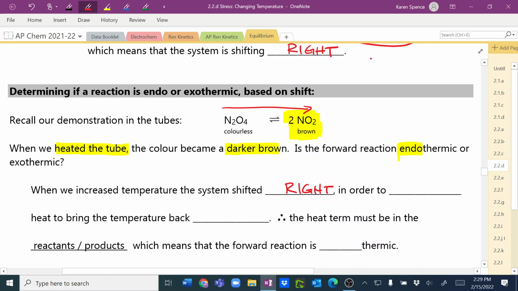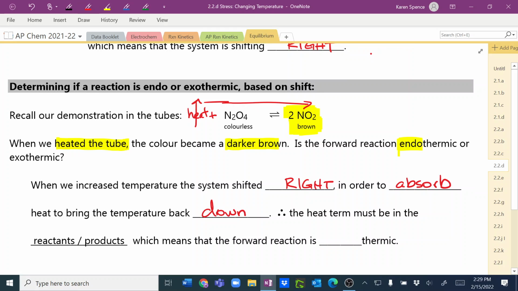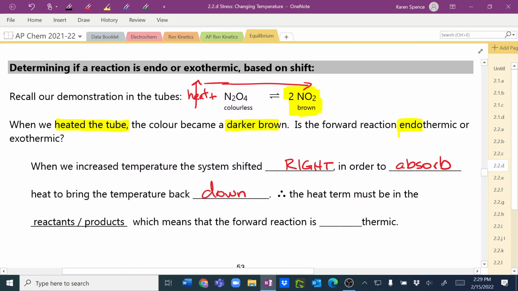And that would be in order to absorb heat, to bring the temperature back down. And you could also say, if I put my heat term here, and this is going up, then it's going to shift away from that increase. Yes? That's another way to do it, just writing in your heat term. Therefore, the heat term must be in the reactants, which means the forward reaction is endothermic.